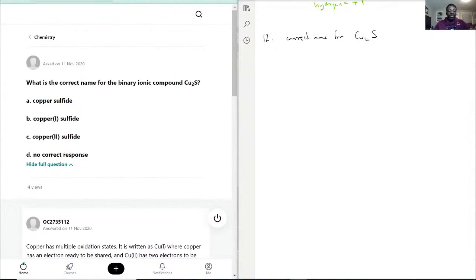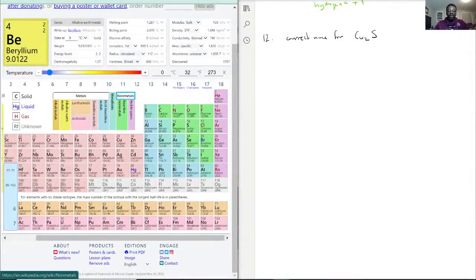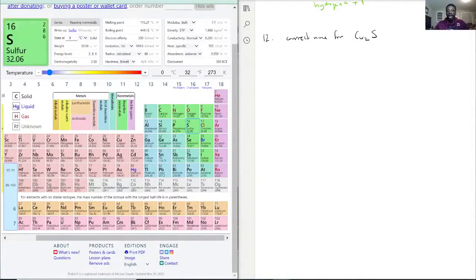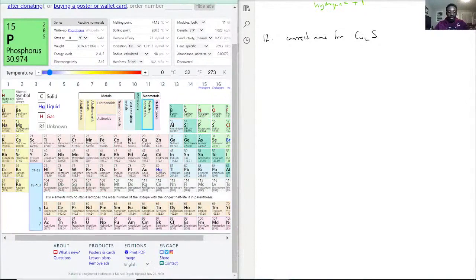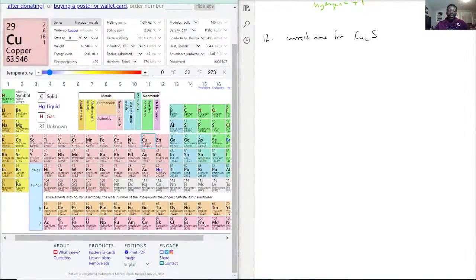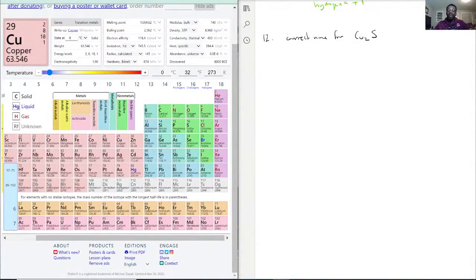The first thing we have to do is, I actually prefer to go by the anion here. The reason being is that copper is a transition metal, so that one is always up in the air in terms of what the actual charge is. So we'll go with the givens, like the whole oxidation number thing, because sulfur is on the 16th column.